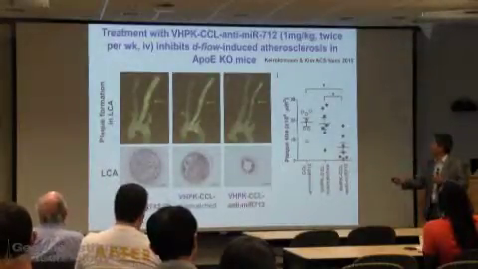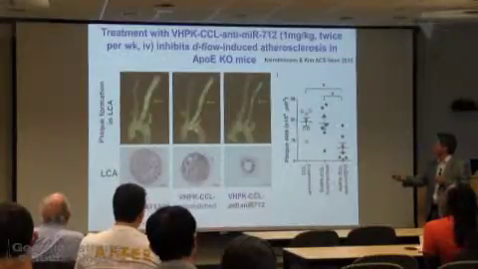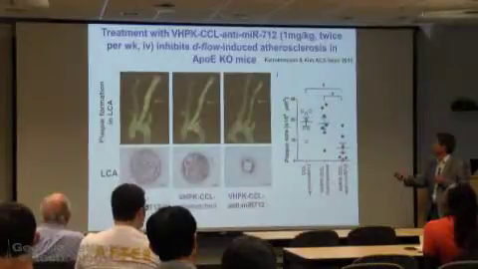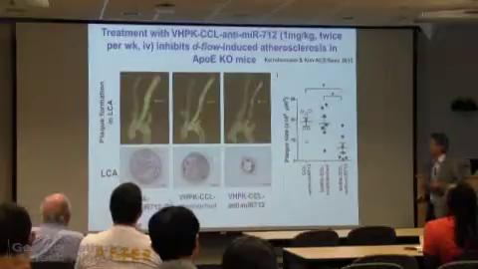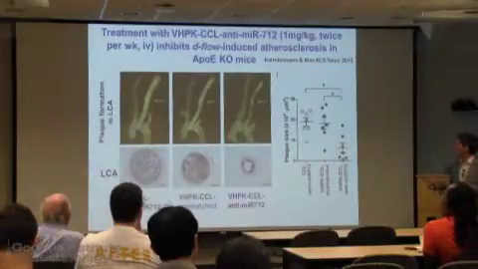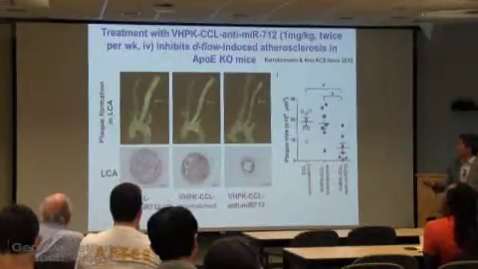Again, this is our control experiment showing a lot of atherosclerosis in the LCA following partial ligation. This atherosclerosis can be prevented if we treat mice with this VCAM1 targeting anti-MIO-712. And this does not work if we don't put the targeting peptide in the front.